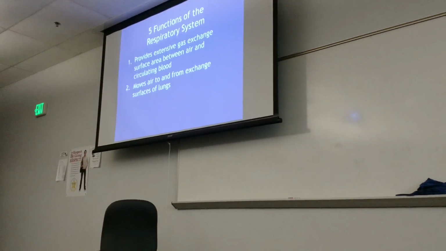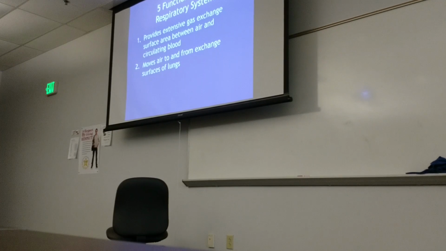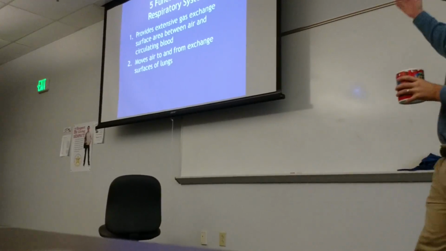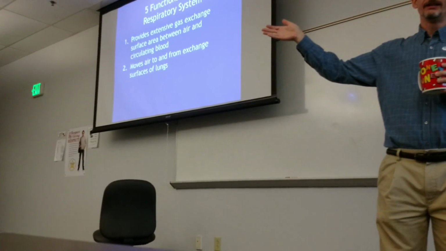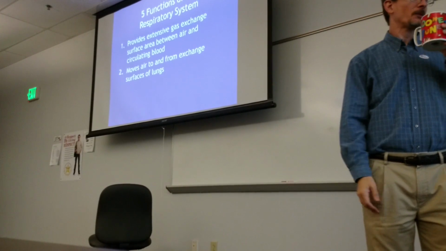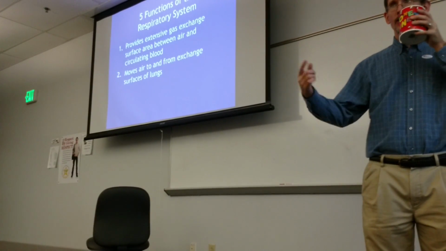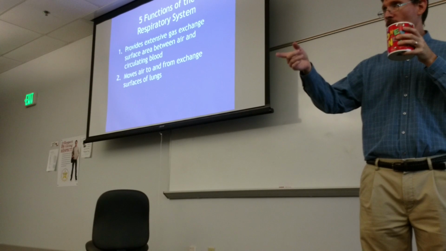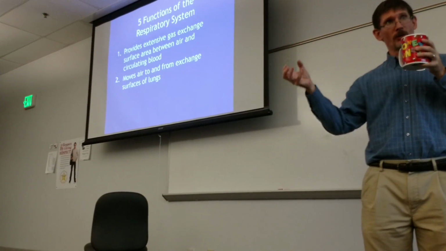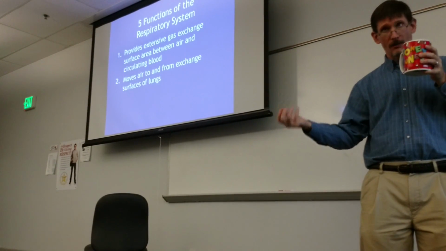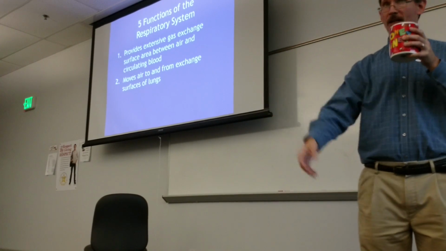As far as functionality goes then, we could really say that job number one is what happens at the respiratory membranes, the exchange of the gases. So oxygen going from the air into the bloodstream, and CO2 coming out of the bloodstream and going into the air.